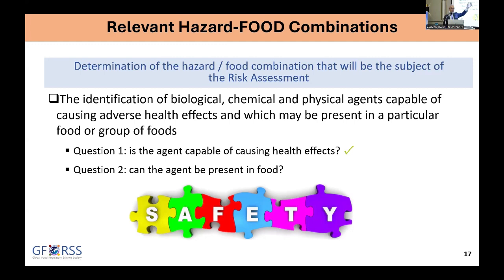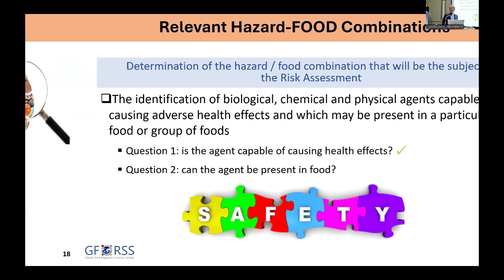Okay? So you take each food hazard combination and you add them in order to look at the potential impact for one particular hazard. Okay? That's how we do it right now. And we do not take into account at this point any synergetic or mitigating aspects. We will just basically add things up.